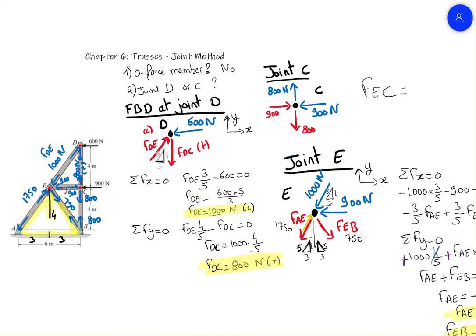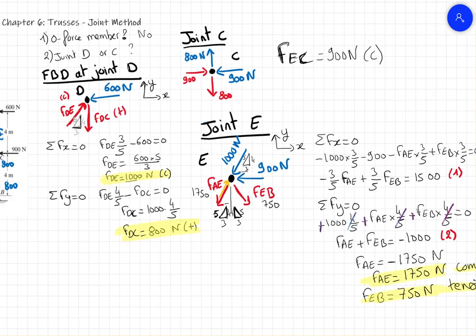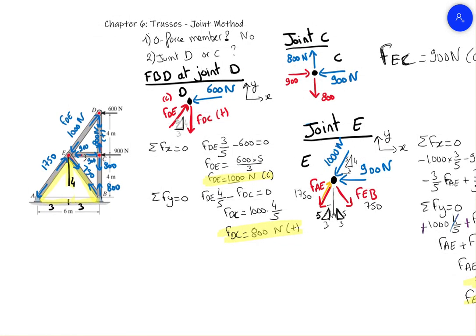So FEC is equal to 900 Newton in compression. Here we go. So that's the steps. That's a lot of equations, but it was not so bad. Finally we did one joint, D. First was the joint D, second was the joint C, and third was the joint E. And we got all our members.